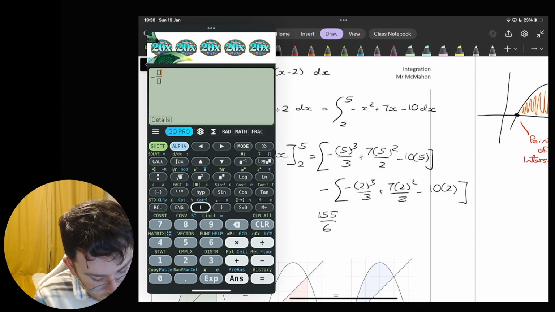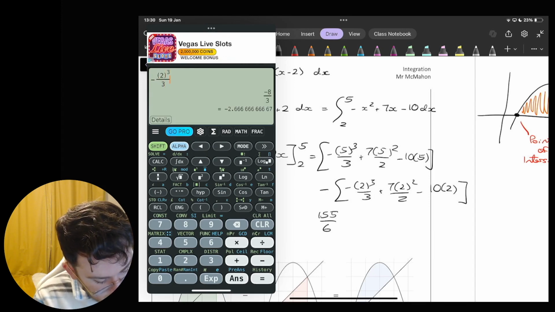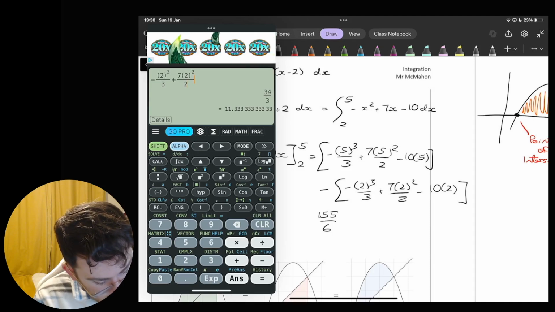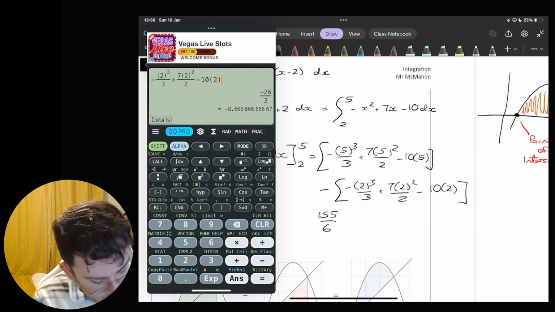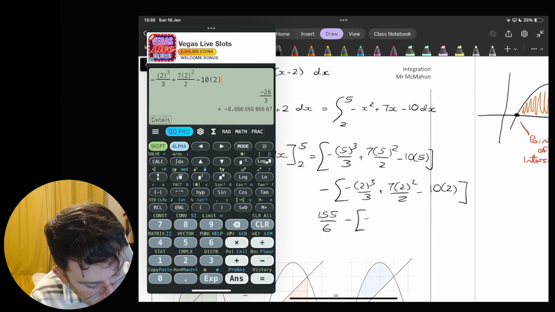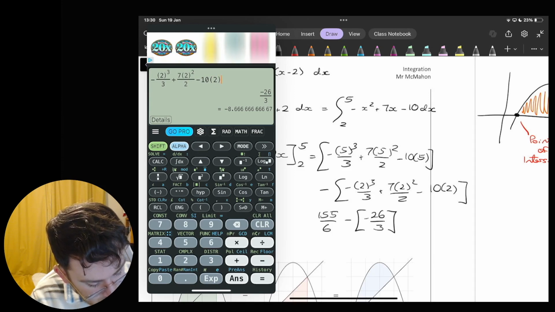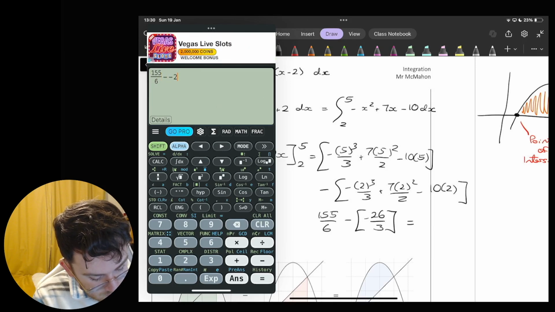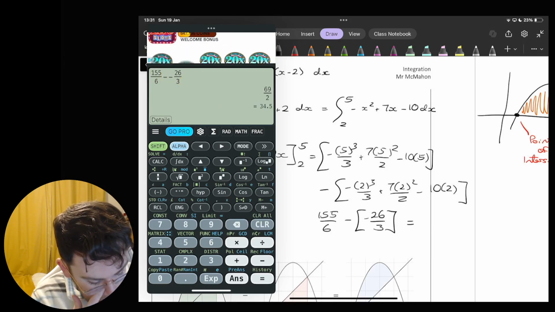Oopsies. So 2 cubed over 3 plus 7 squared over 2 minus 10 times 2 is minus 26 over 3. So let's see if this works out the same then. Okay, and it does not.